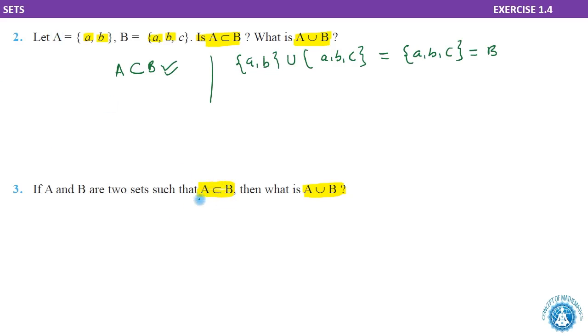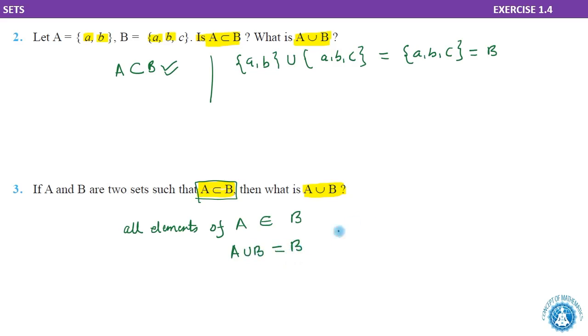If anywhere it is written that A is a subset of B, that means all elements of set A will belong to set B, correct? So the union of A and B will be B only, correct?